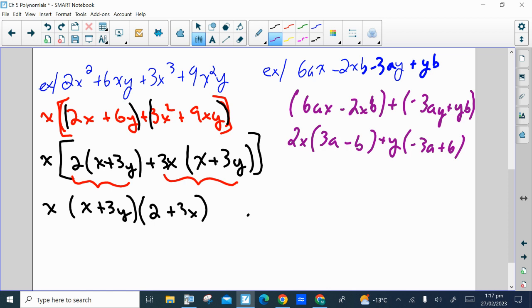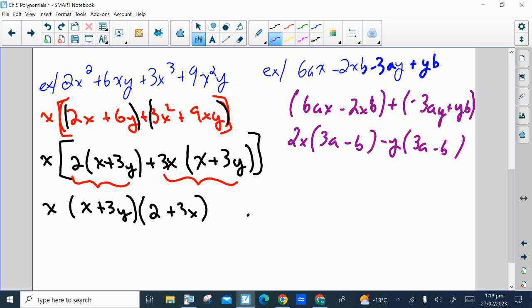Now, is that the same as what's in the first bracket? No. Remember, we need the same thing in both brackets. So that tells us that instead of taking out a positive y, we actually should have taken out a negative y instead. And that's why I said, don't copy this down yet. We're going to take out a negative y instead of a positive y, because now you will get 3a minus b.